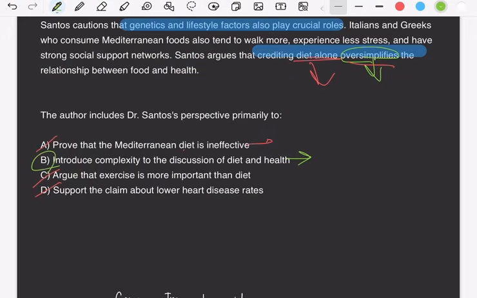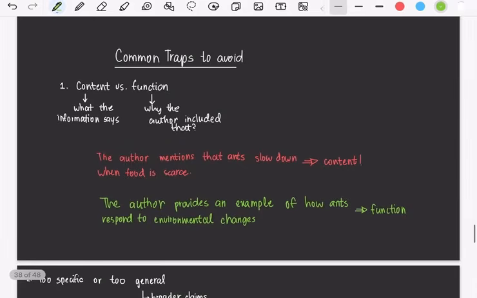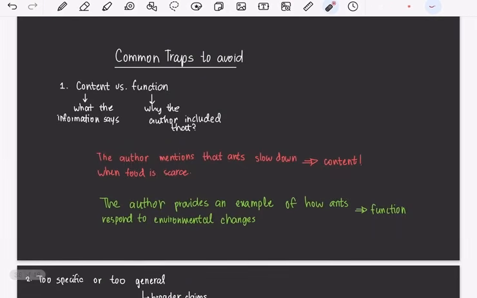Now let's look at the common traps that you can see in these questions. The first one is content versus function. Content means what the information says, and function is why the author has included the information. So you want the answer of function and not content.